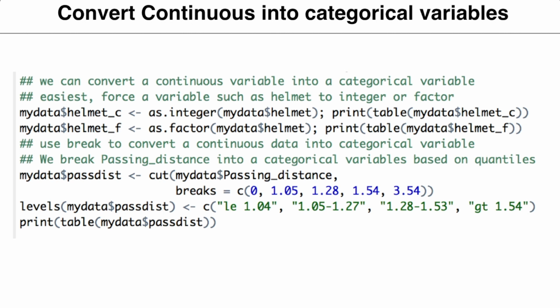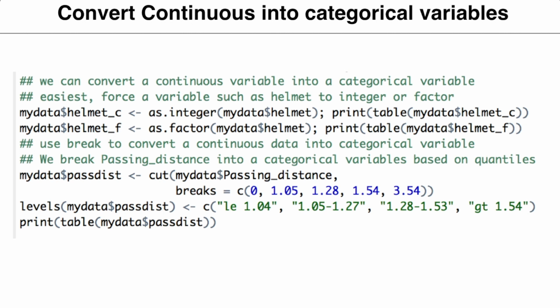This time it is passing underscore distance as a continuous variable, and then you can specify the breakpoints with which you're going to cut the particular variable. I have summarized the passing distance variable earlier, and then I have used 0, 1.05, 1.28, 1.54, 3.54 as these several cut points.